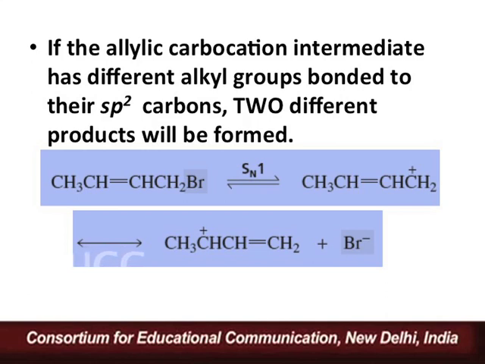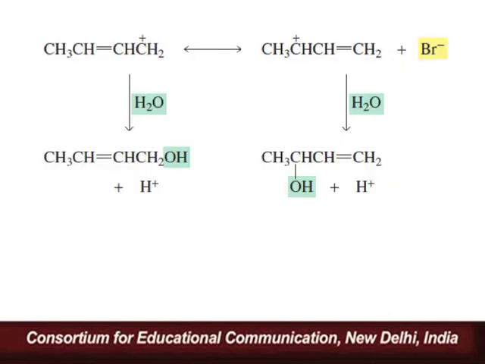As you can see, on ionization, 1-bromo-but-2-ene gives a primary carbocation, which on resonance gives us a secondary carbocation. So these two carbocations are not equivalent, or they are not similar. So in this reaction, two different products will be formed.